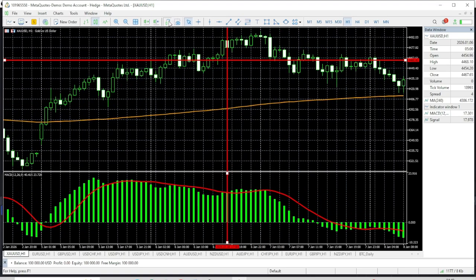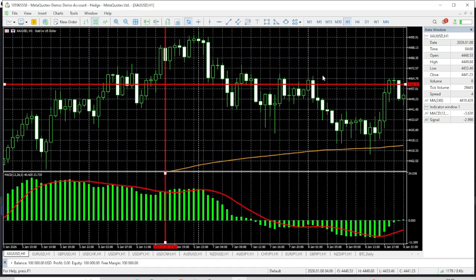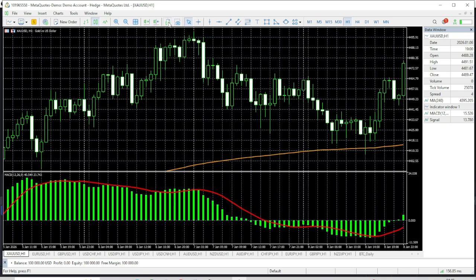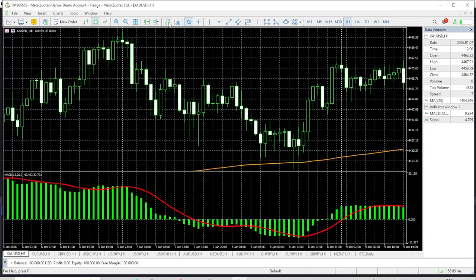The EMA 240 is still telling us that the market is in an uptrend. Here we have a candlestick that touched it, and then in no time 4 candlesticks form above it again, telling us that we're still going up. We are still buyers. So wait for MACD to confirm it.